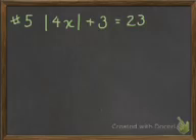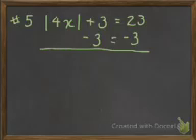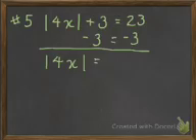Now, to get x alone, we must first get the absolute value alone so that we can undo the absolute value operation. So first we isolate the absolute value expression by taking 3 away from both sides. This leaves us with the absolute value of 4x equal to 20.